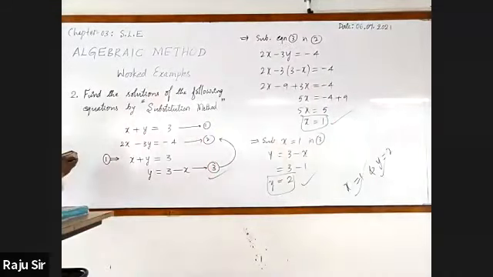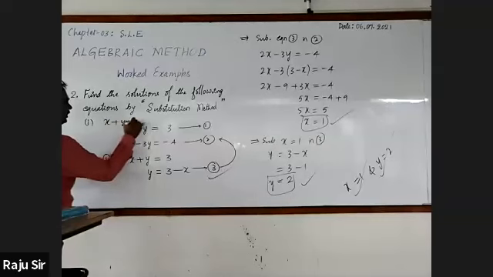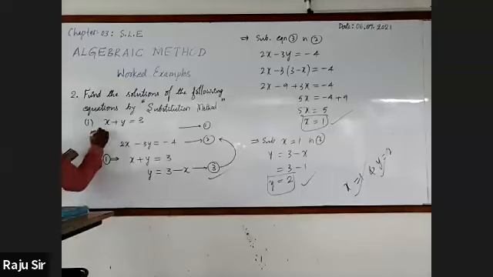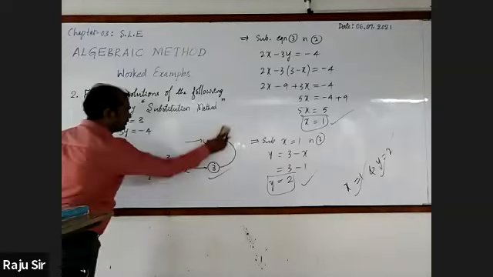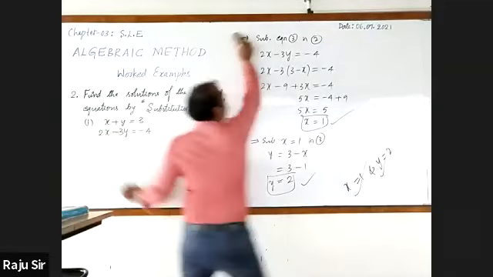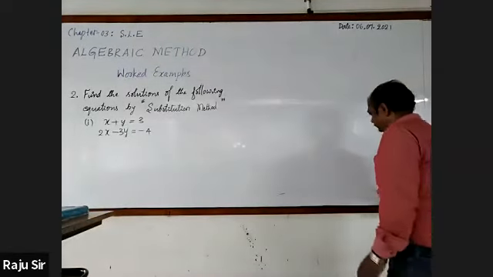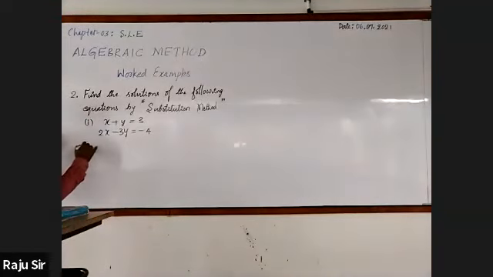Right. The substitution method, first one: x plus y is equal to 3. Then 2x minus 3y is equal to minus 4. Please write with me.